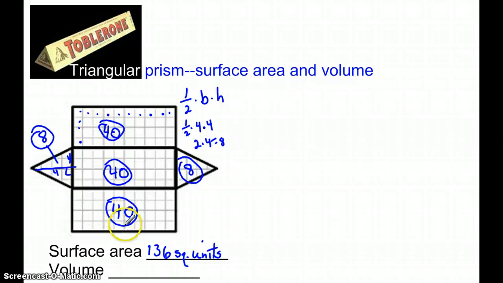Simply, all we have to do is multiply one row of the square units, which is 1, 2, 3, 4, 5, 6, 7, 8, 9, 10.